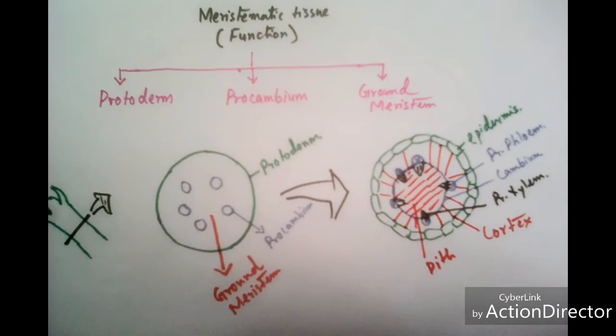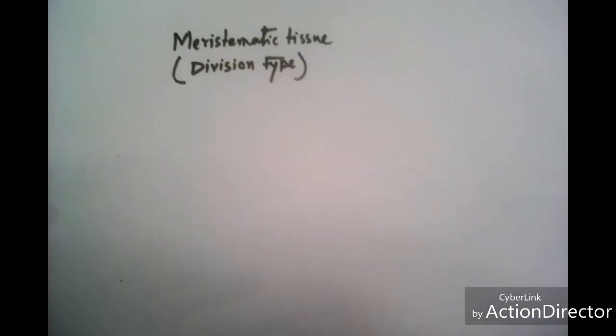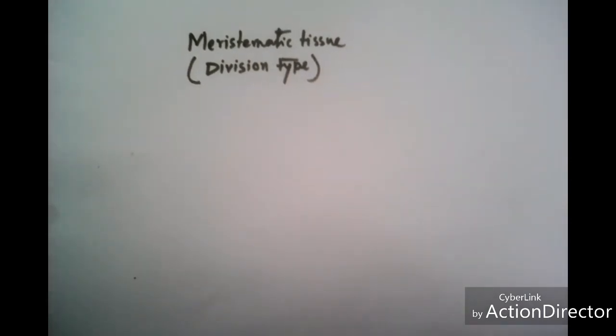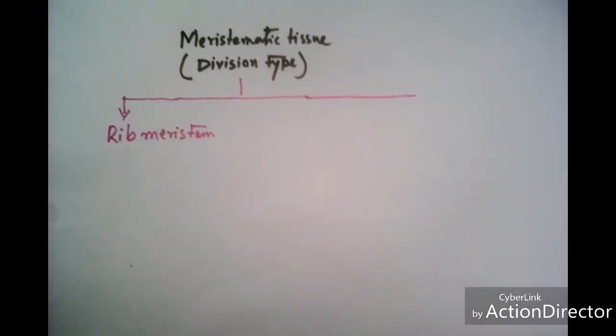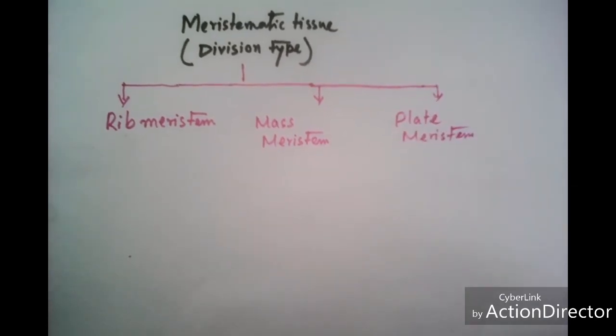Now the different types of meristematic tissue on the basis of division type, or in which plane cells are divided. In this case, meristematic tissue is divided into three types. These are rib meristem, mass meristem and plate meristem.